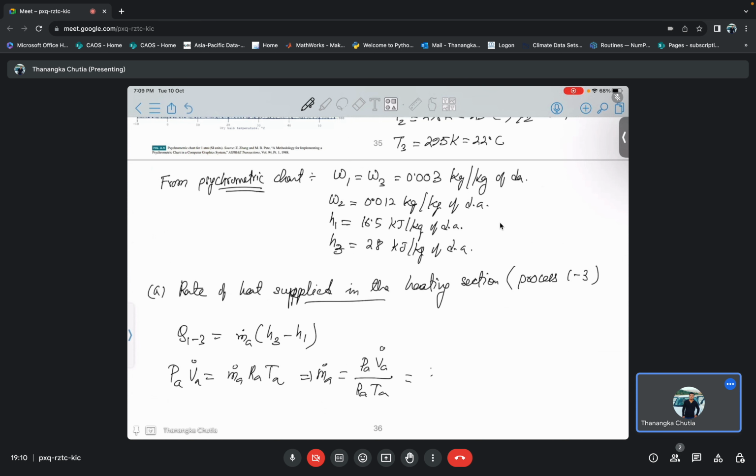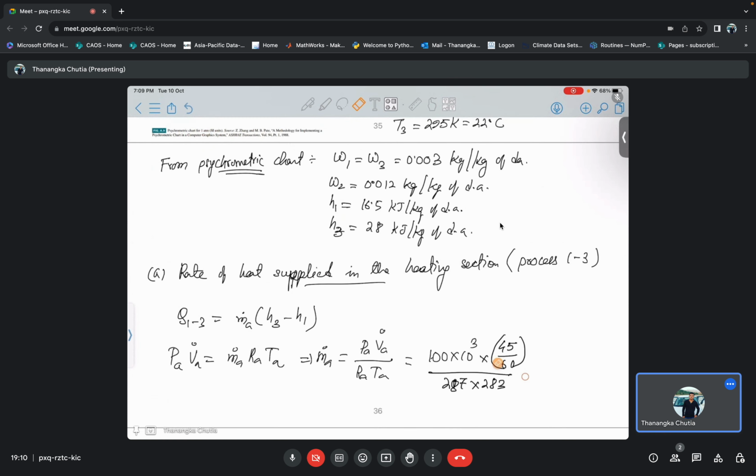Now P is given as 100 kilopascal, so this will be 100 into 10 to the power 3, and the flow rate is 45 by 60 meter cube per second, and RA is 287, and TA is 283. So from here you will get m dot A as 0.923 kg per second.